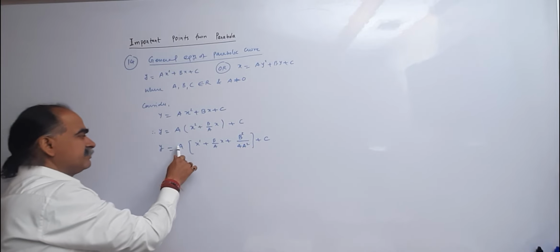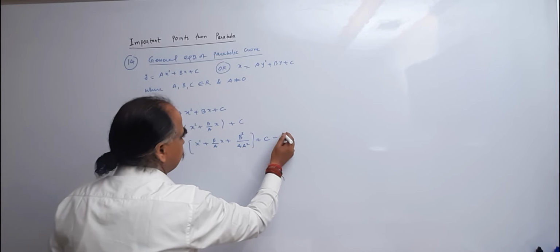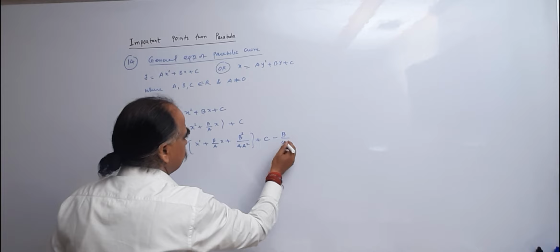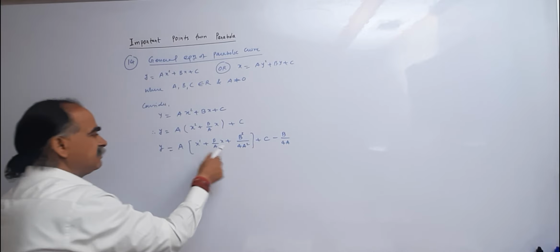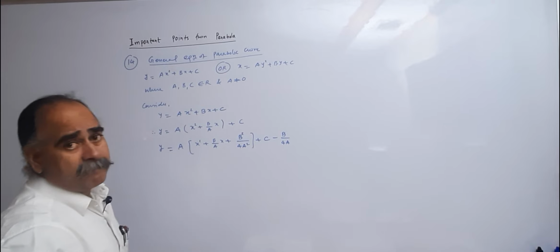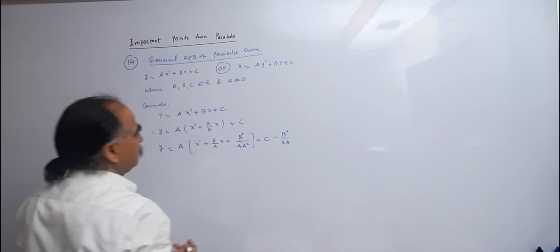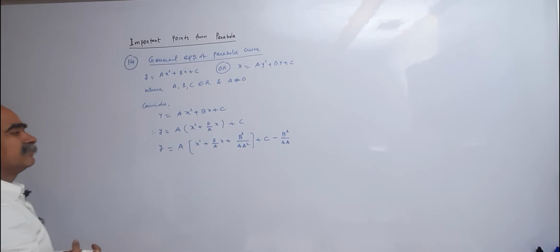You have added b square by 4a, so that will be subtracted, because a is multiplied, so this is not 4a square but it becomes b square upon 4a. So b square by 4a we have added, will subtract it.